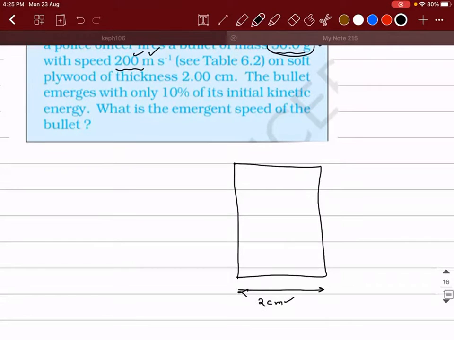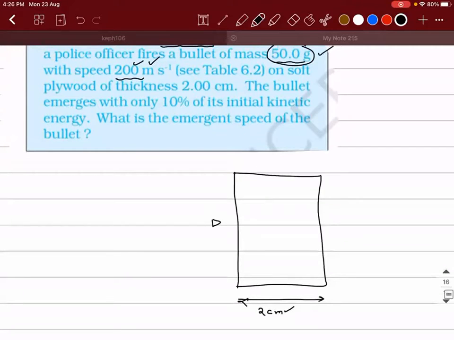But what is happening? Let's say the bullet is entering with a speed of vi. The person who asked me how to understand the initial and final velocity, concentrate. We understood that the bullet is coming out with some final velocity. Till now, in all the problems that we solved, the final velocity was greater than the initial velocity because the object was accelerating.